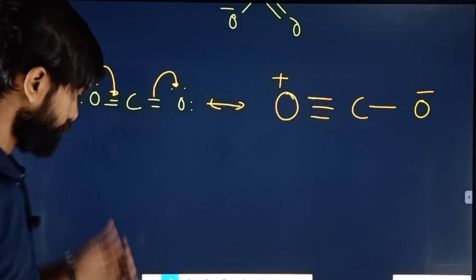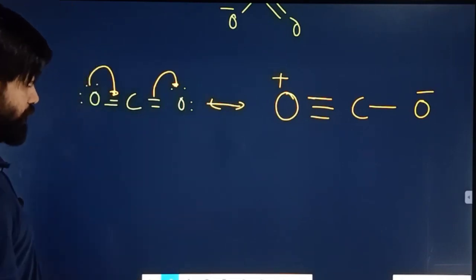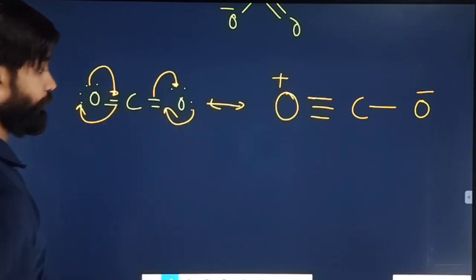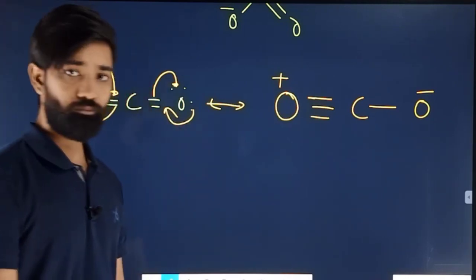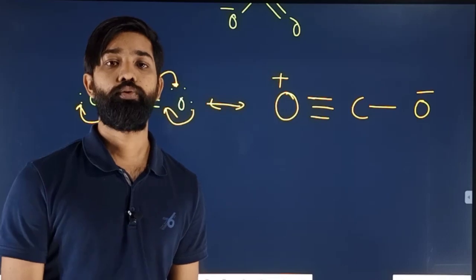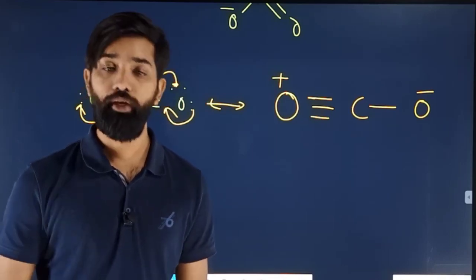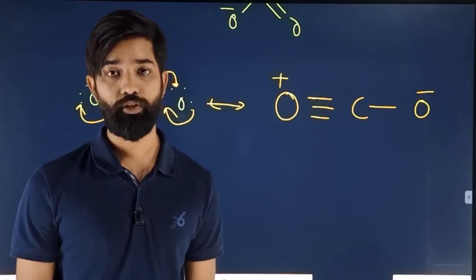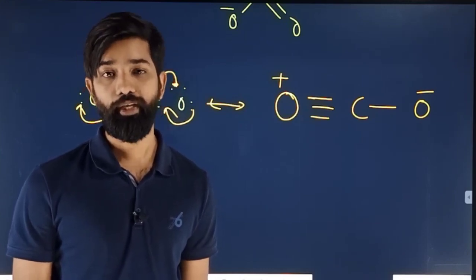But the first is more stable. Okay. One more structure will be there. If this jumps to here, this bond goes to here. It's the counter structure. Okay. So this is how resonance is involved, and you will be familiar with the idea of resonance deeply in your organic chemistry.